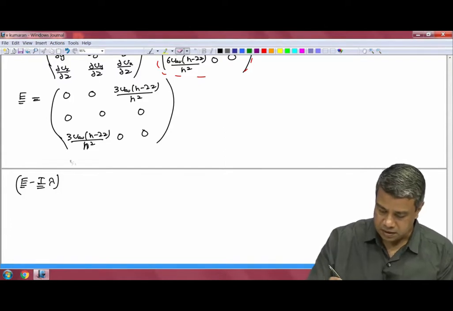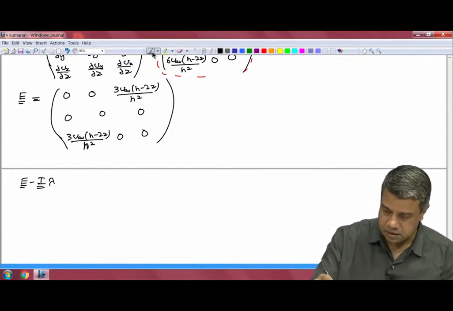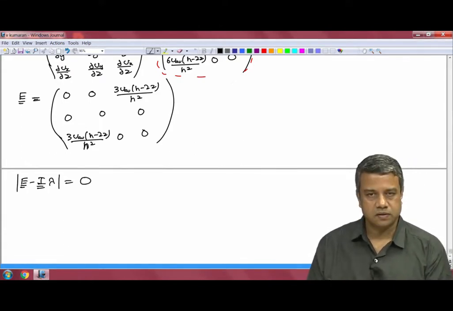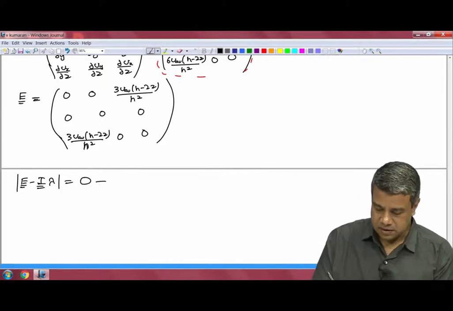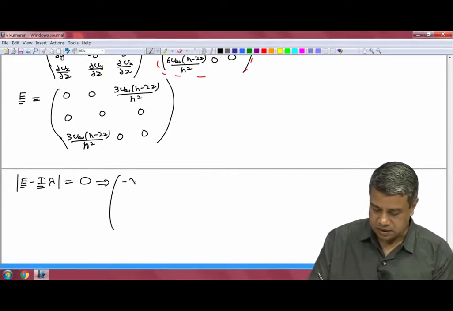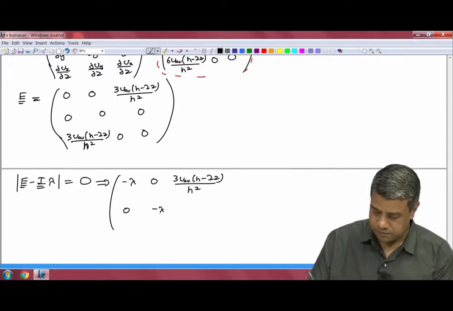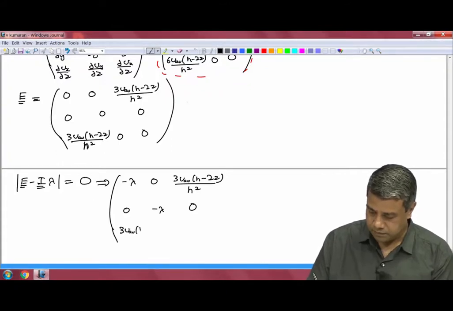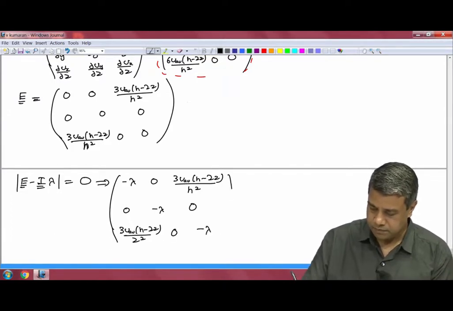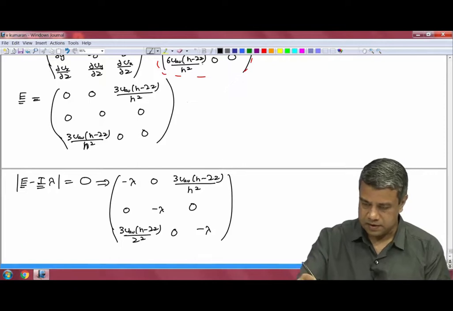The determinant of that has to be equal to 0 in order to determine the eigenvalues. The determinant of this has to be 0.